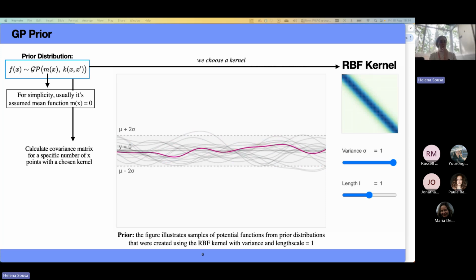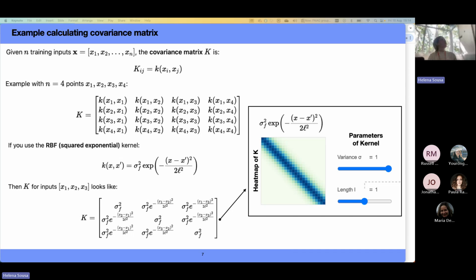Now I'm going to show a very simple example of how this covariance matrix is calculated for a specific number of x points with a chosen kernel, which in this case is RBF. For example, if we have 4 training inputs, this covariance matrix can be given by what you see here.